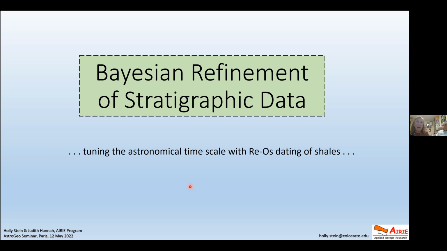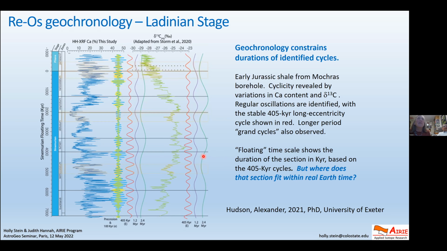That's too high. We're not going to be able to address the questions we want unless we can reduce those uncertainties. There are a number of ways of reducing that uncertainty. So I'm going to point out here that this is a section of the MOCRUS core. It's one of the ones we'll be looking at in this project we're going to get funded in the very near future.